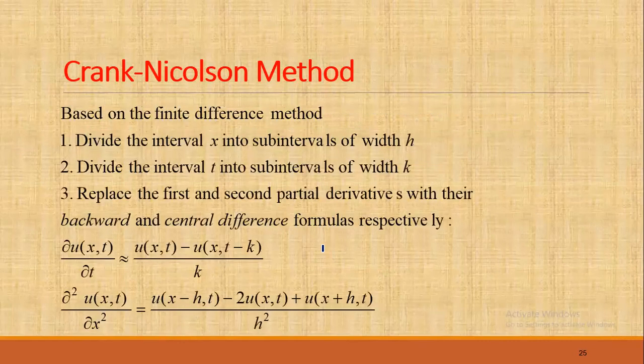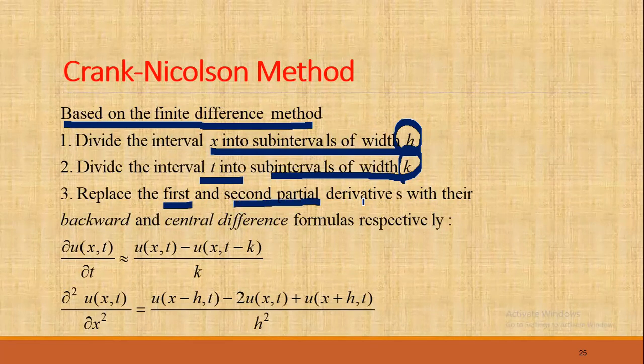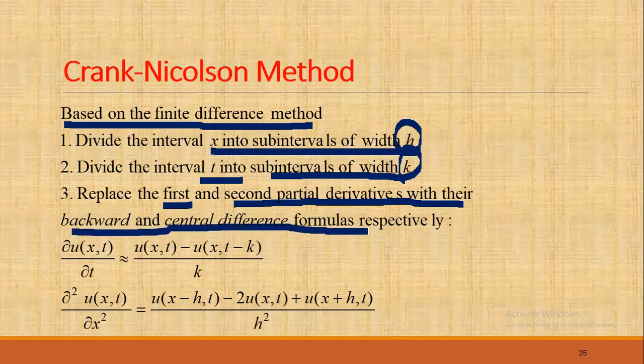The only difference in the Crank-Nicholson method, based on the finite difference method, is that we divide x into subintervals whose width we consider h, and divide the interval t into subintervals whose width we consider k, and replace the first and the second partial derivatives with their backward and central difference formulas.